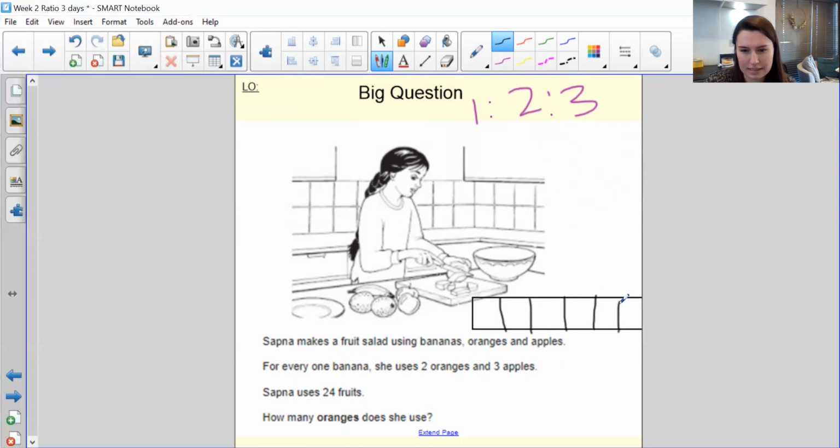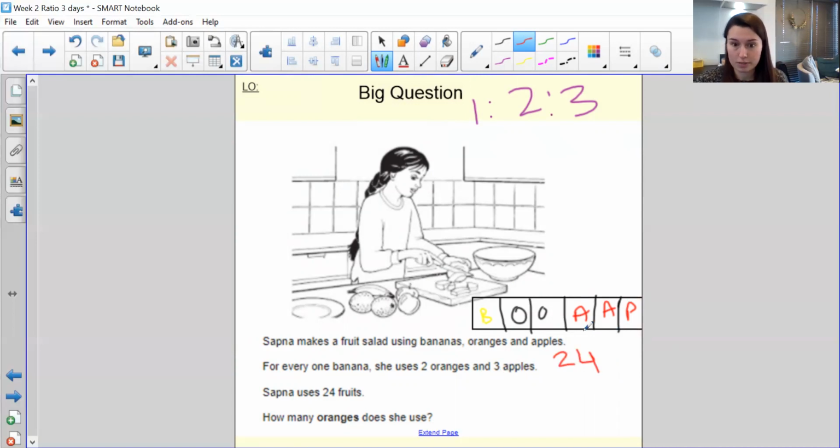Okay, brilliant. Well done, guys. So I've split my bar method into 6 because there is 1 banana, 2 oranges, and 3 apples. Apple, apple, apple. And in total, we have 24 pieces of fruit.